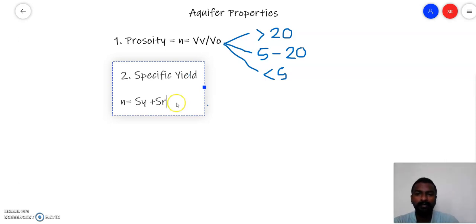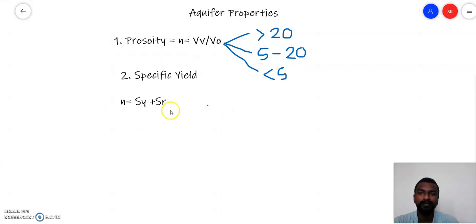From the entire porosity, if we are able to extract Sy, that is specific yield, whatever water is retained is nothing but the specific retention. The specific yield is a very important term, because from this only we can get the idea of how much water can be extracted. So these are the main properties of the aquifer.